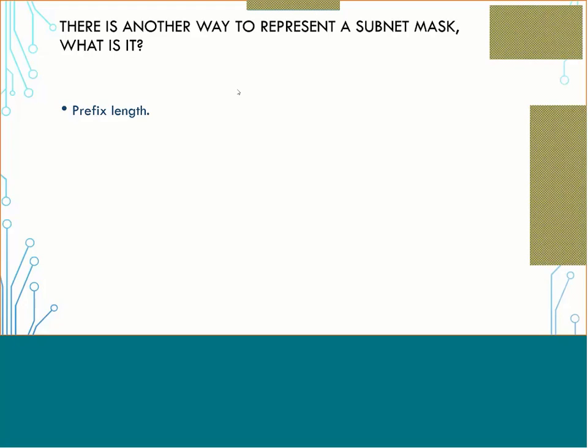Because we write subnet masks all the time, we have an abbreviated way to do that. We just count up the number of network bits, or the ones, and we call it a slash notation or a prefix length, and we just write /25 or /24, just however many ones there are, right?